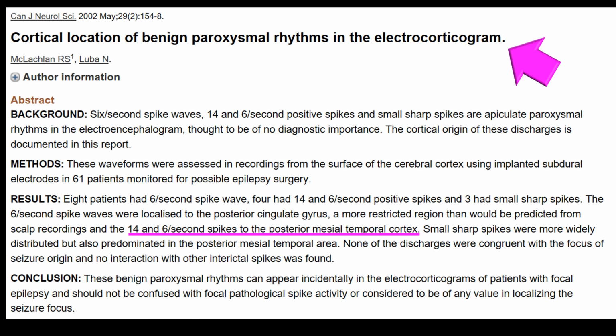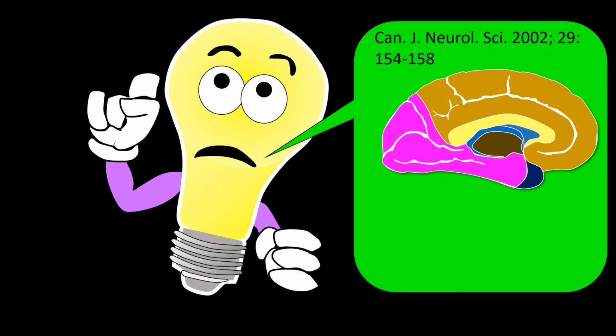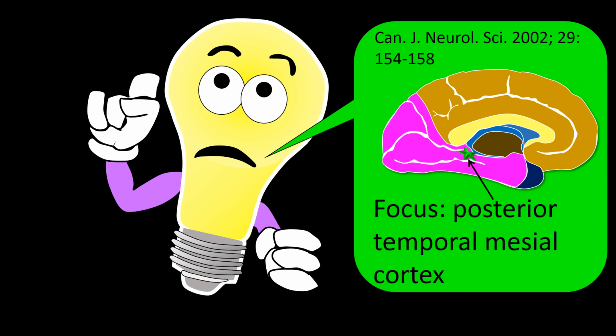The origin of 14 and 6 positive bursts was reported in a paper written by McLachlan and Luba. Their conclusion was that their origin was localized to the region of the posterior temporal mesial cortex.